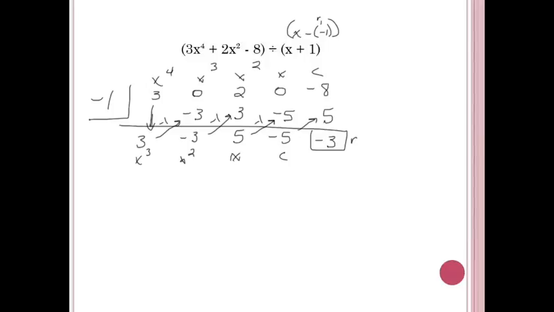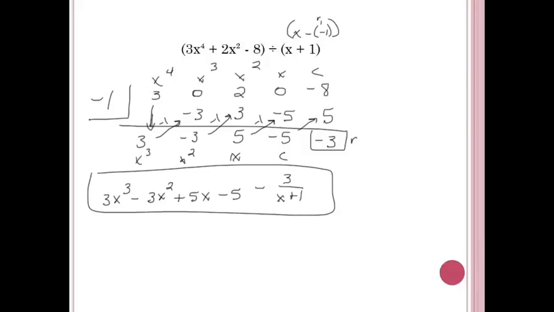So my final answer is 3x cubed minus, because it's negative 3, x squared, plus 5x, because that's a plus 5, and then minus 5, and then minus 3 over x plus 1 for your remainder. Now I'm not going to put all of these arrows and things in this next example. We're going to see, and hopefully you can do it on your own.